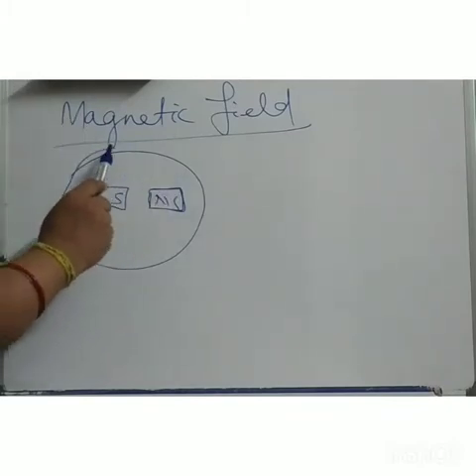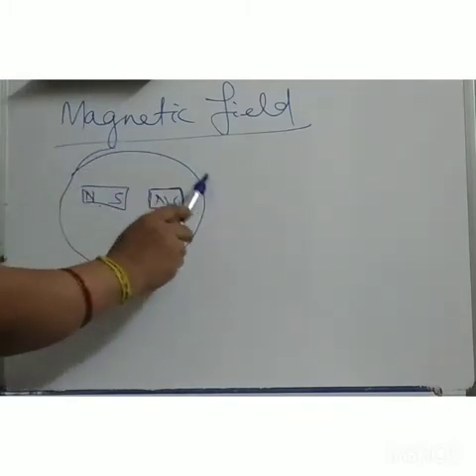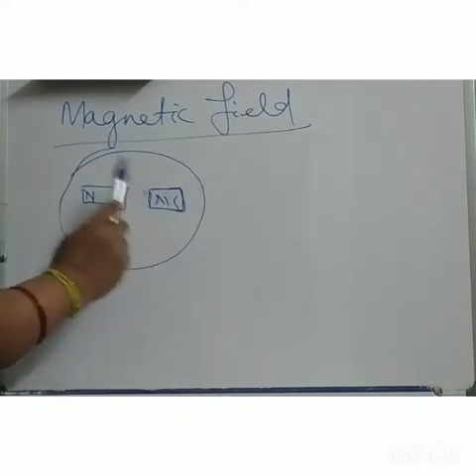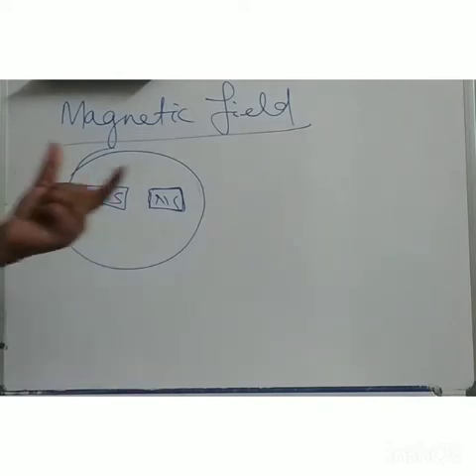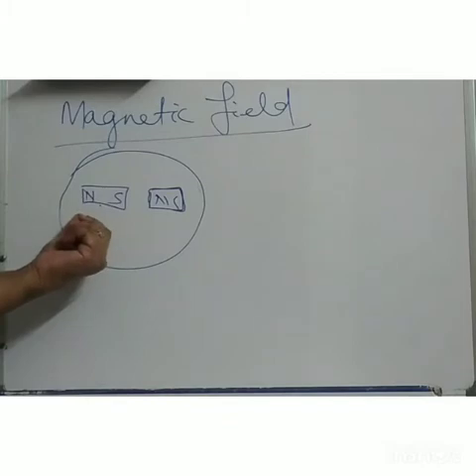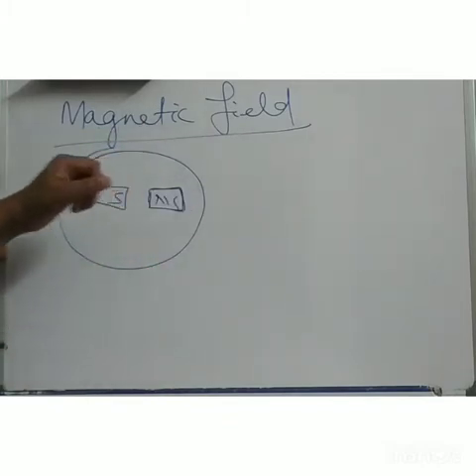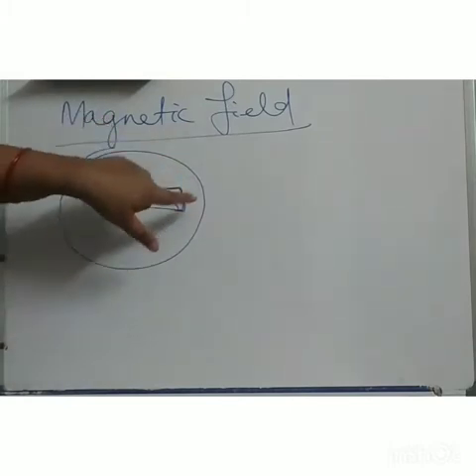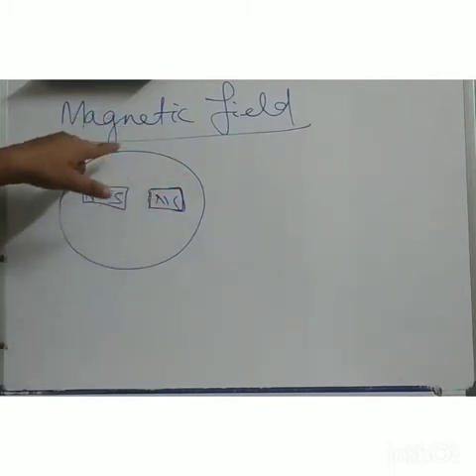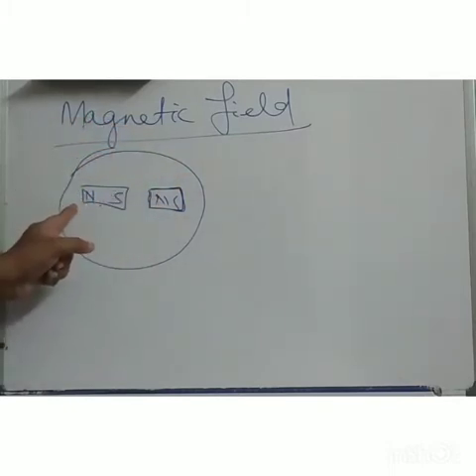Last lecture we discussed that there is a region around this magnet where another magnet will experience a push or pull. So within the magnetic field the other magnet will experience a force, either push or pull. That is, the area surrounding a magnet where another magnet experiences a force is the magnetic field.